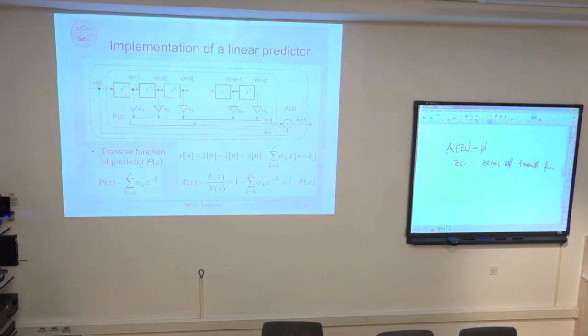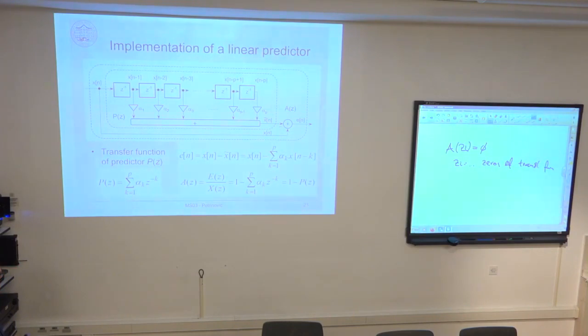And that results in unstable behavior. Such a reconstruction filter becomes unstable. That is the reason we cannot do reconstruction for those frequencies where A of z is 0.